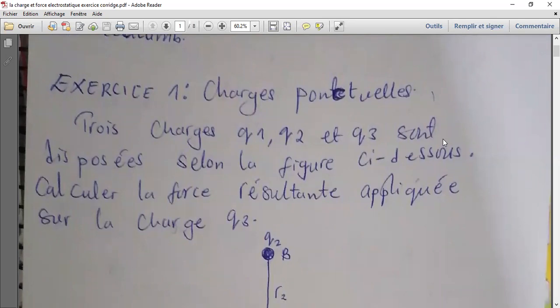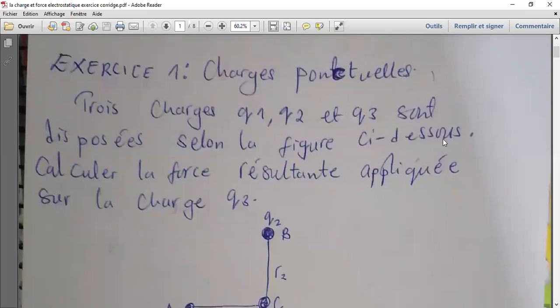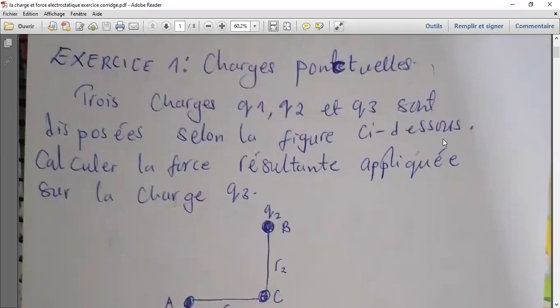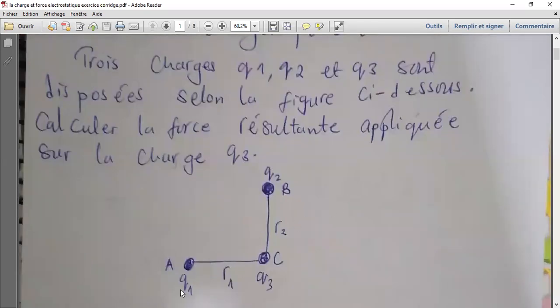So here the question says, 3 charges Q1, Q2, and Q3 sont disposés selon les figures ci-dessous. So we have got 3 charges, Q1, Q2, and Q3, which are disposed according to this figure which you are seeing here. Then, calculer la force résultante appliquée sur la charge Q3.